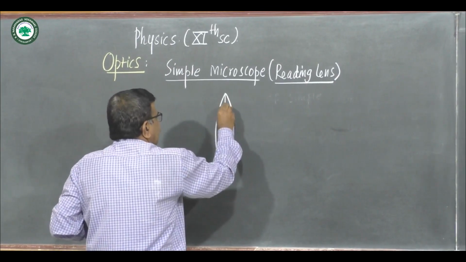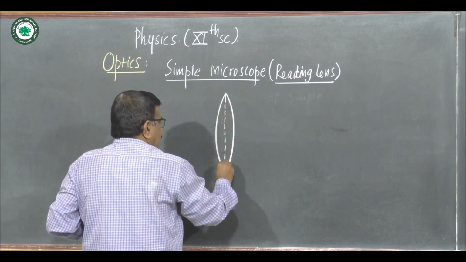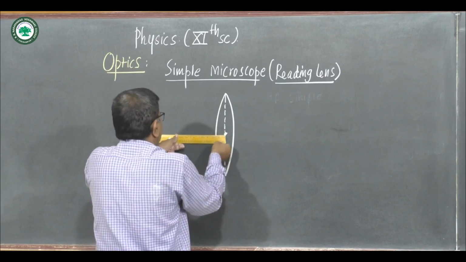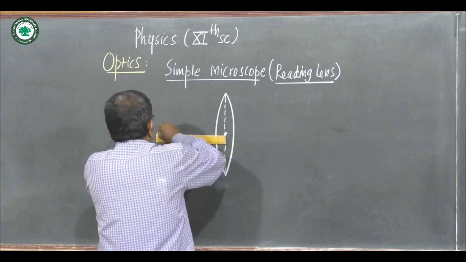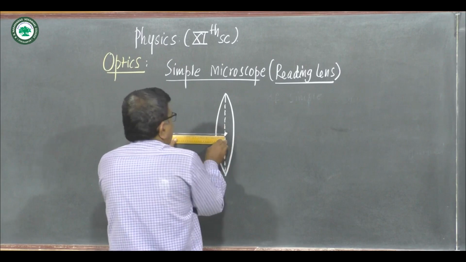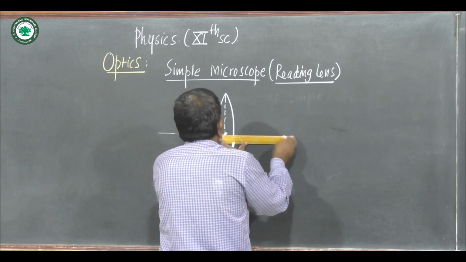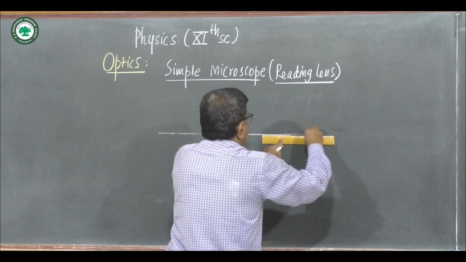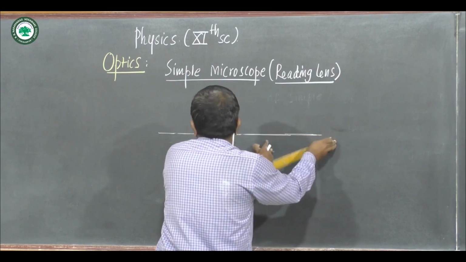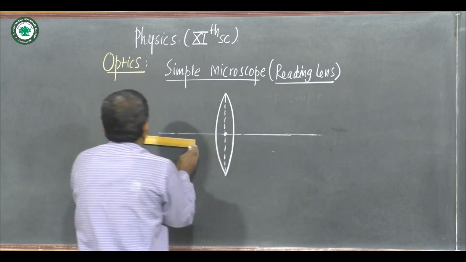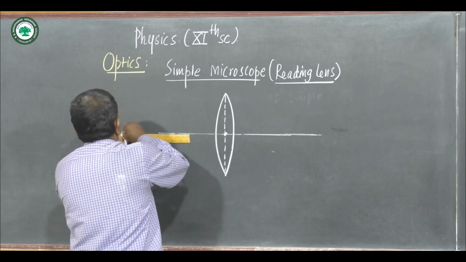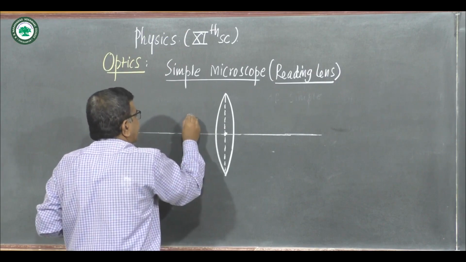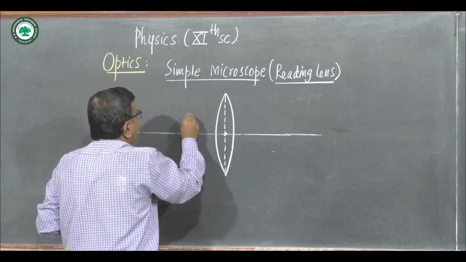Convex lens, this is the pole. Object is placed within its focal length.